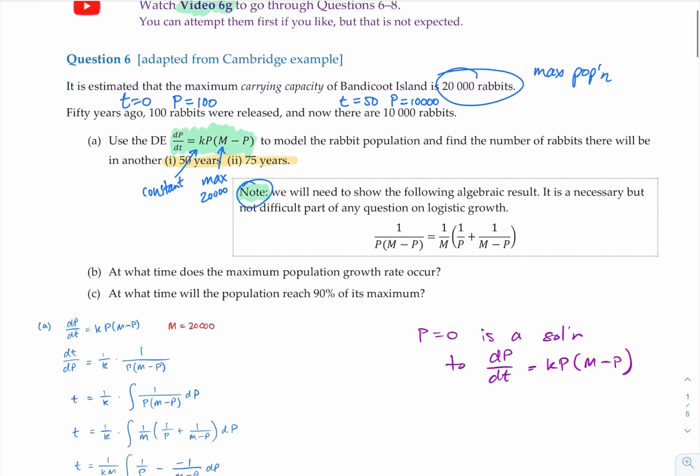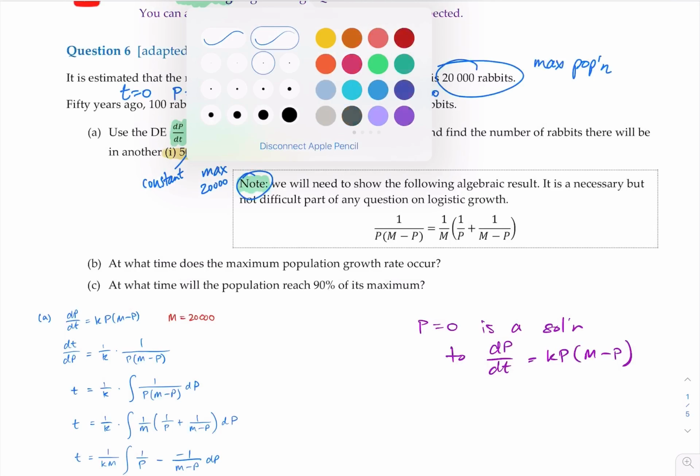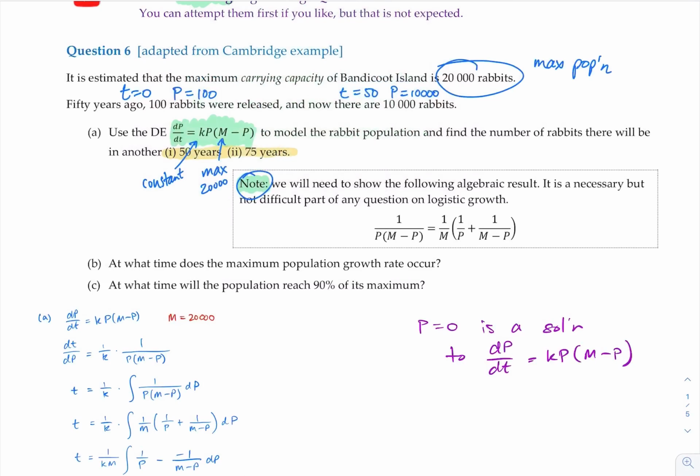The remaining questions. At what time does a maximum population growth rate occur? Well, it happens now at t equals 50, because that's when we're halfway.